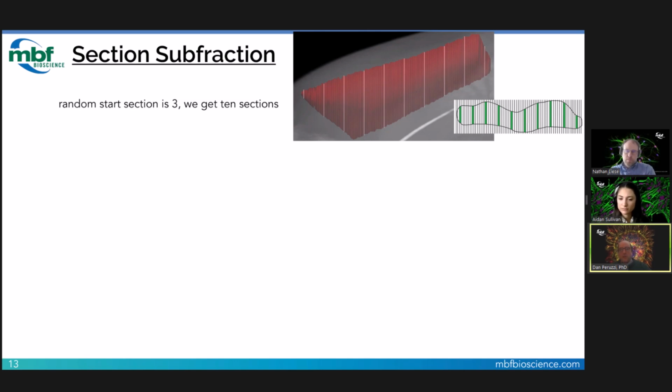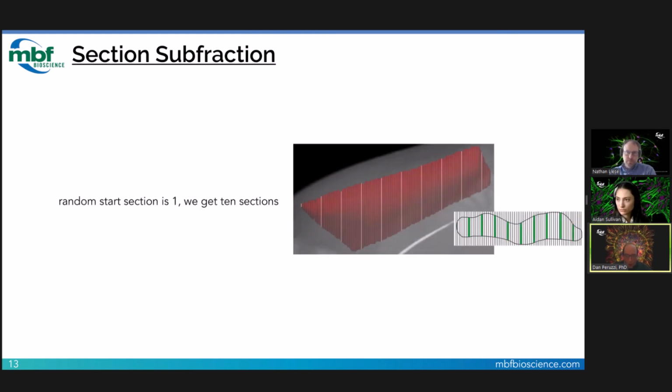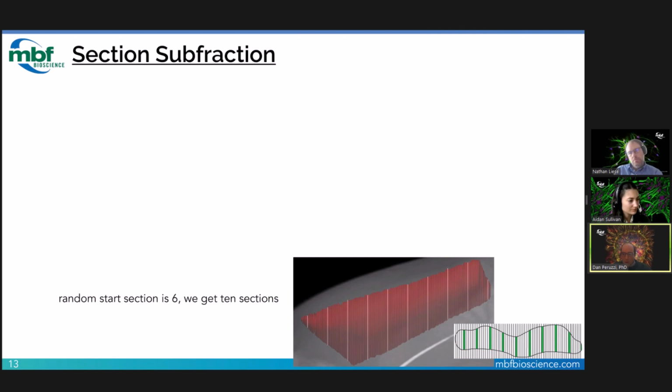In this case, the random start was 3, and we end up with 10 sections. For another animal, the random start might be 1. And again, we end up with 10 sections. For a third animal, another random start might be 6, and we end up with 10 sections.